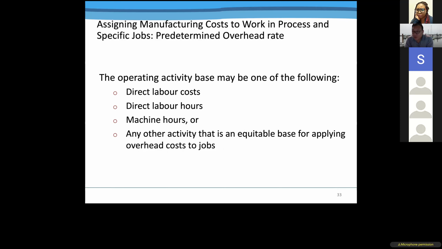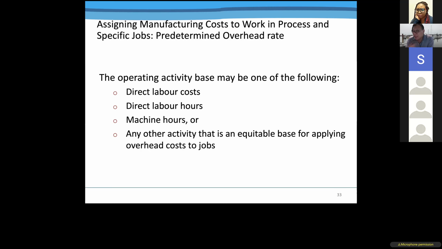If you know this activity is driving the cost and you are able to keep track of the level of the activity, you can estimate the total level for the year for this activity. Then you can keep track of the level of the activity for this job, and then you can use this activity as your cost base. It could be anything, as long as you know the annual level and you know the job-specific level.